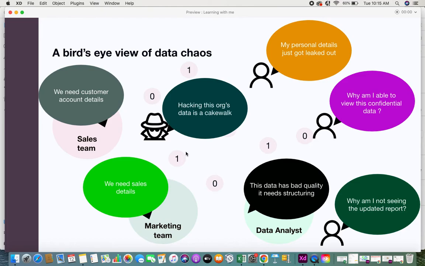If you don't have a very secure data infrastructure and security wall, people will definitely try to hack into your information. And data is very important. It has so much confidential information, personal identifying information. So if you're not going to manage security, then you'll find hackers getting into your information. The next one is data analysts.